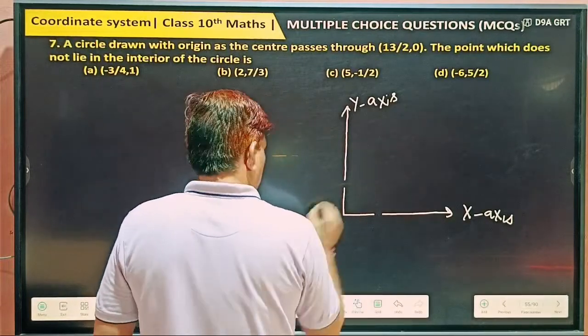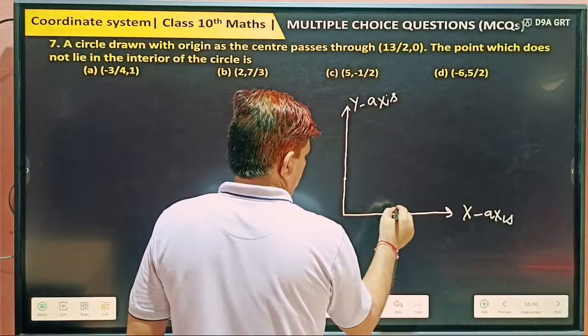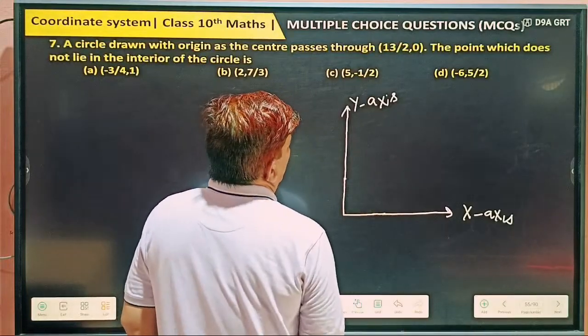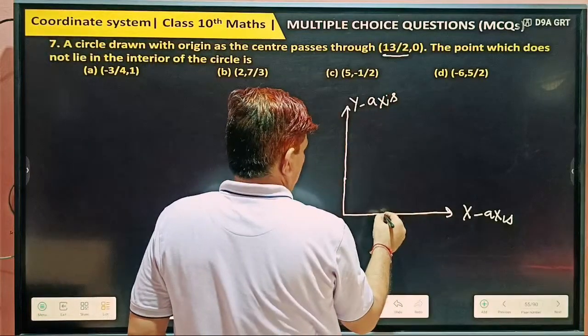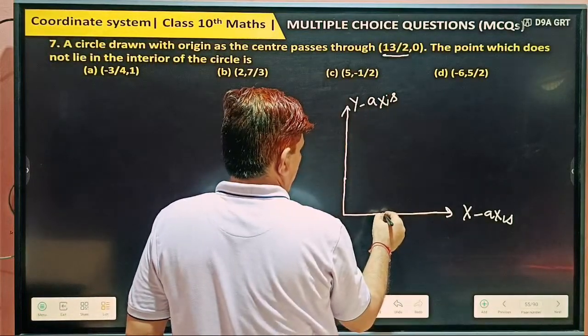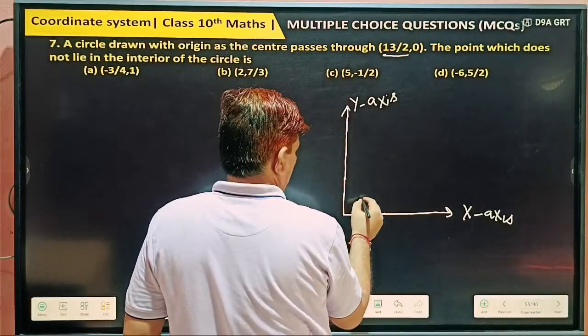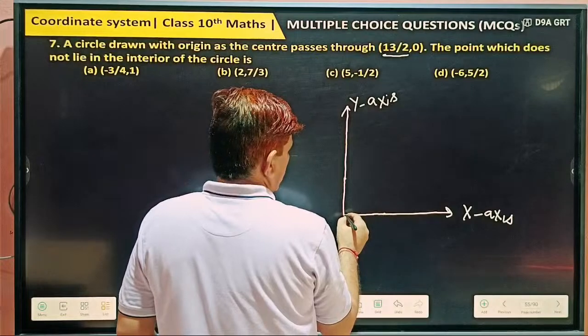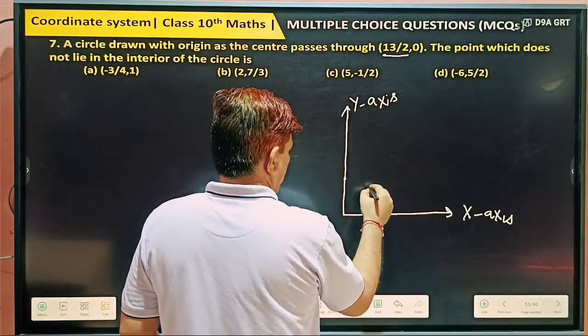Where is the origin? Origin is this. And it's written x-axis is 13/2. It means like this. It passes through, and y is 0. Y is 0 where? On the x-axis. So this is passing like this.